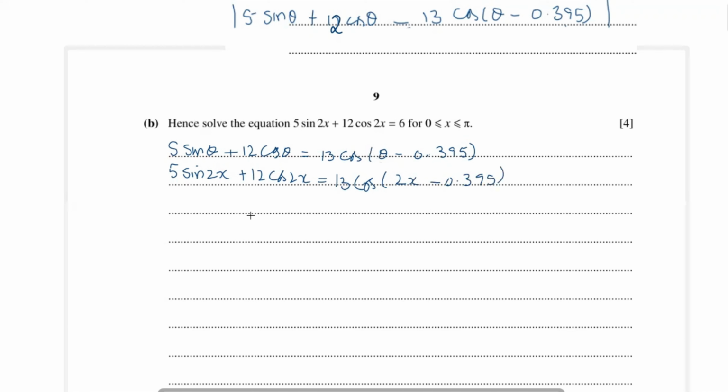Therefore the left hand side becomes 13 cos of 2x minus 0.395 equal to 6. Now we can write cos of 2x minus 0.395 equal to 6 over 13.